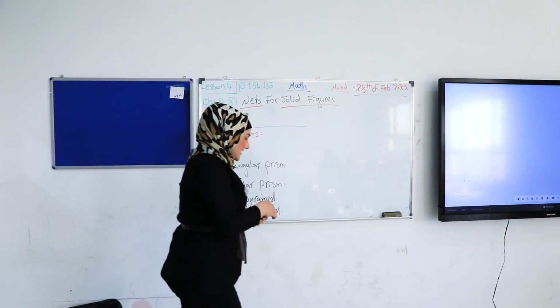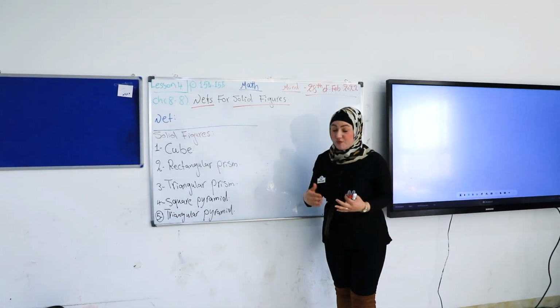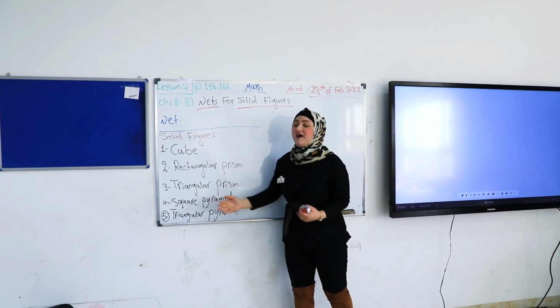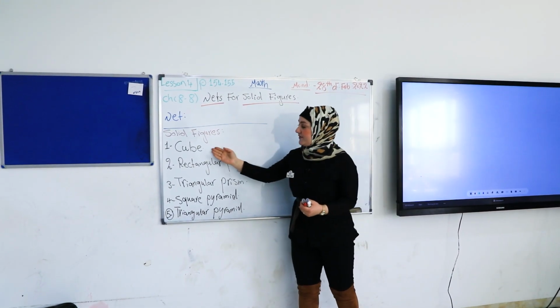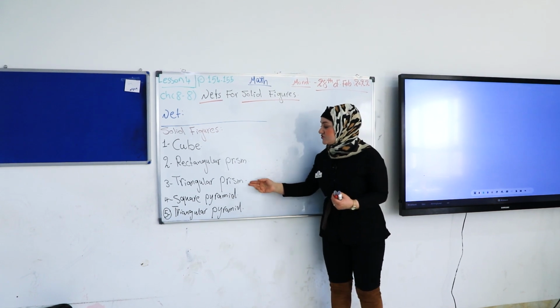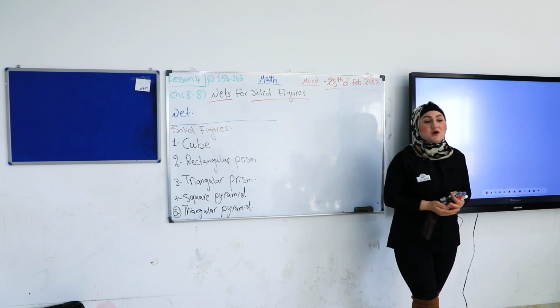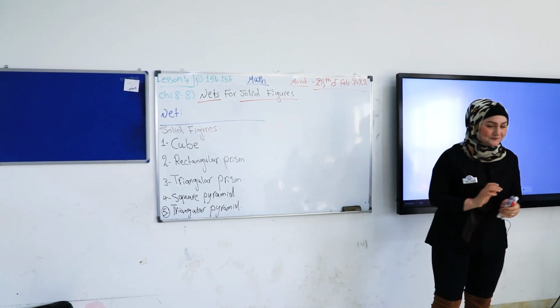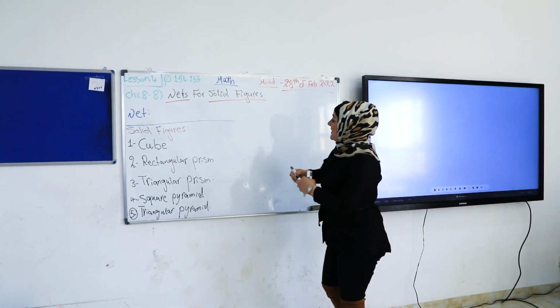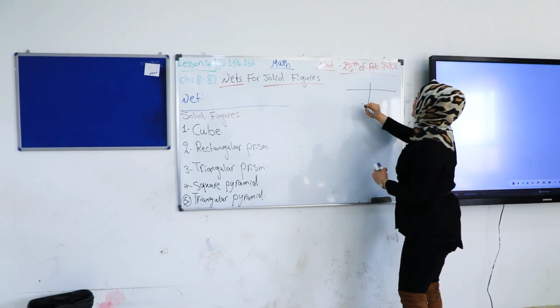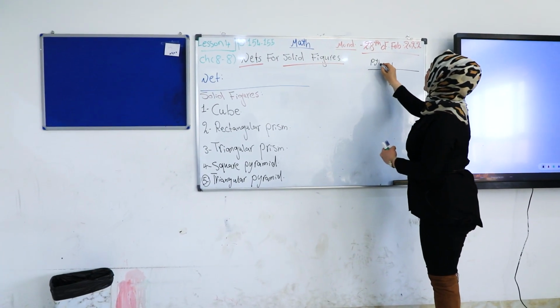Okay, guys, how many solid figures should we talk about today in our new lesson? Five solid figures: cube, rectangular prism, triangular prism, square pyramid, and triangular pyramid. Let me make a difference between pyramid and prism here.